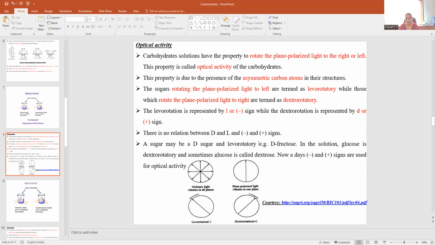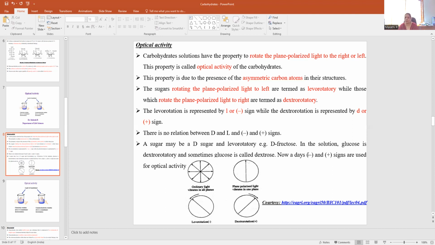In any solution, glucose is dextrorotatory, and sometimes glucose is also called dextrose. That is because glucose is capable of rotating the plane of polarized light towards the right when it is present in the solution. That is why it is also called dextrose.